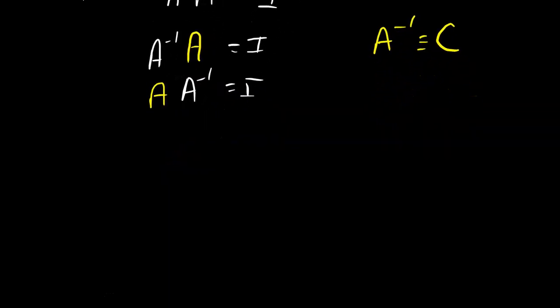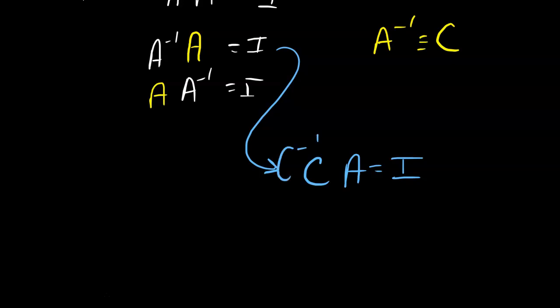I'm going to take this equation here and rewrite it as C times A is equal to I, just renaming it so we don't get too caught up on the symbols. If I were to solve this for A, let's multiply both sides by C inverse.